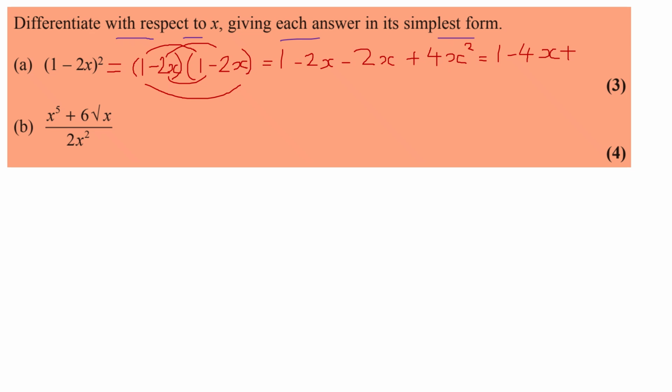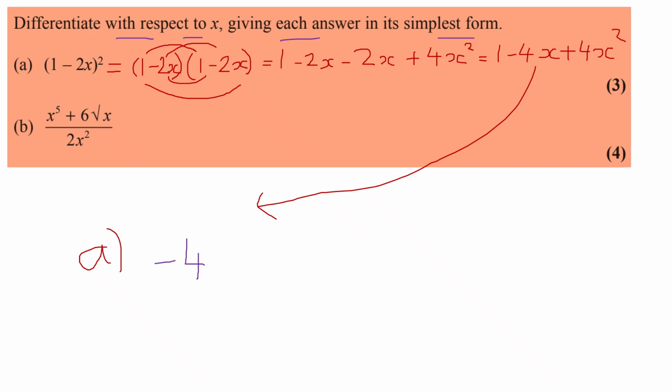I'm now going to differentiate the function. So I'm going to work out f dash of x or dy by dx. Differentiating this, part A is going to go to, well, 1, any constant, has to go to 0, minus 4x goes to minus 4, and then 4x squared, the power comes down as a multiplier, and I'm going to reduce the power by 1.